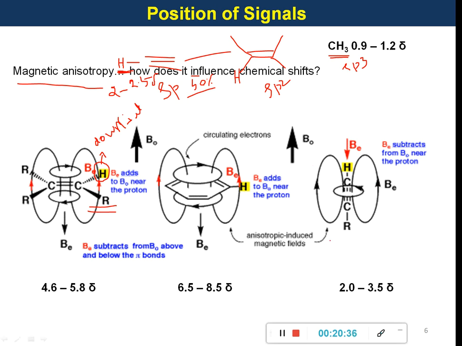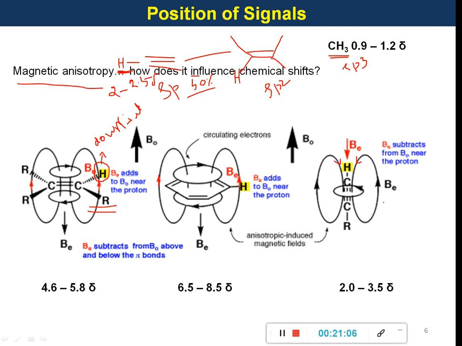However, the circulation of the induced magnetic field in the case of alkyne is in a different direction. It opposes near the proton. When the axis of the alkyne group lies parallel to the direction of the applied field, the pi electrons are induced to circulate around the axis in such a way that the induced field opposes the applied field.